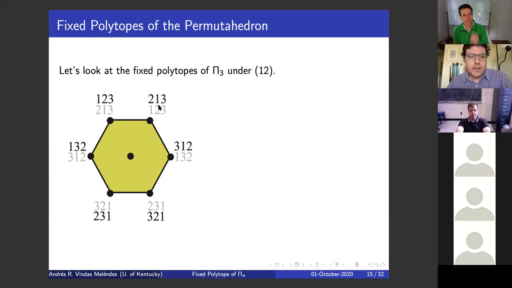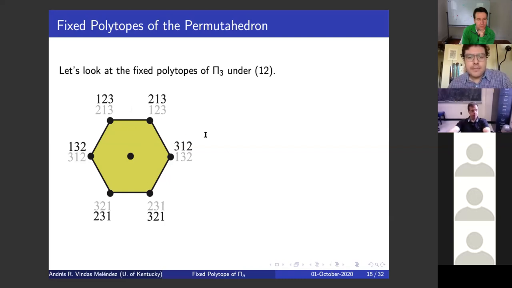Of the 3 permutahedron, which is just the hexagon that we talked about before. We're going to act on it by the transposition 1, 2. So what does that do? Well, it transposes the first and second entries of all points, right? But here I'm detailing the vertices. The fixed polytope is all points that are fixed. So what are the points that are fixed here?